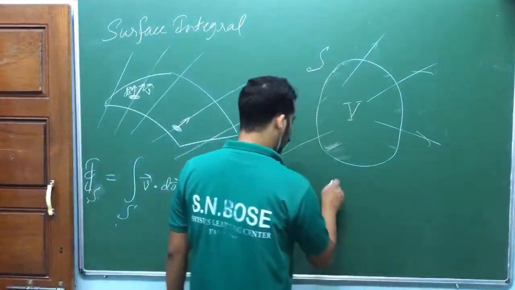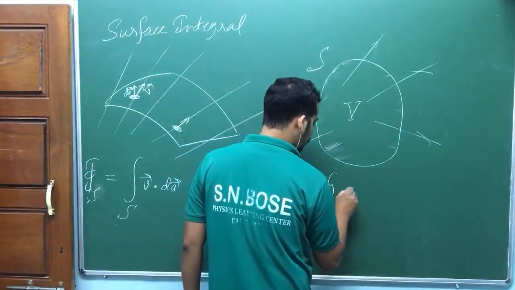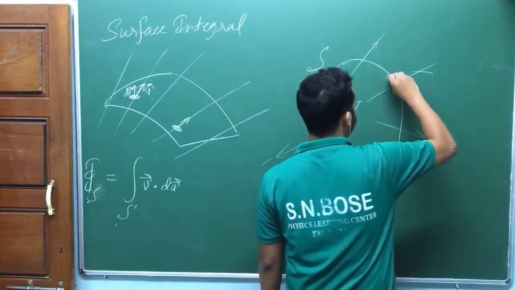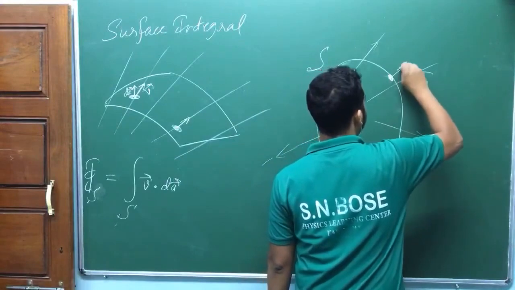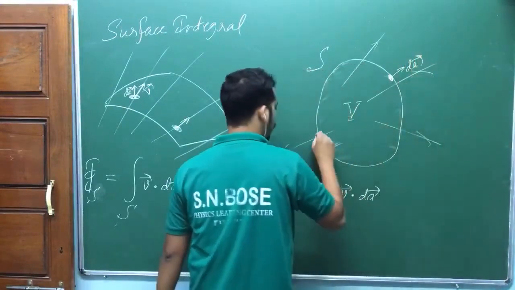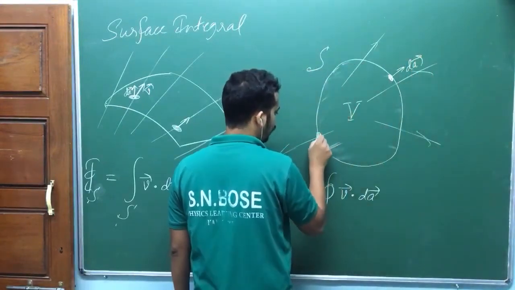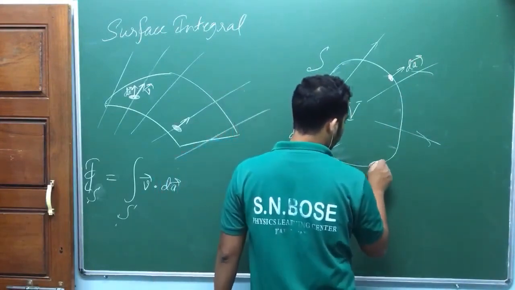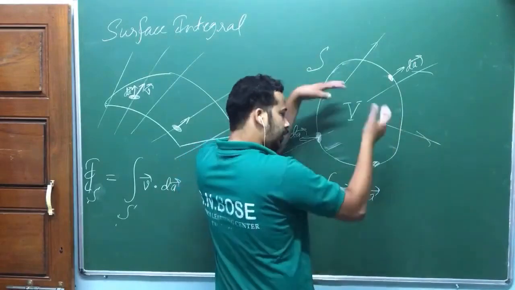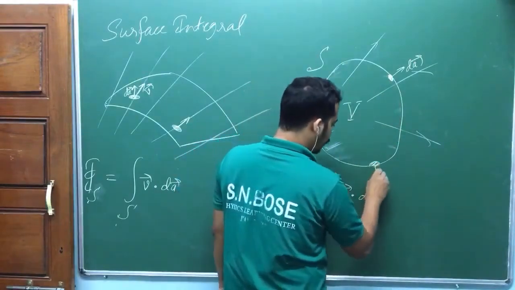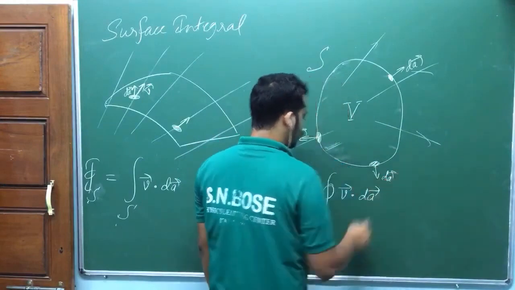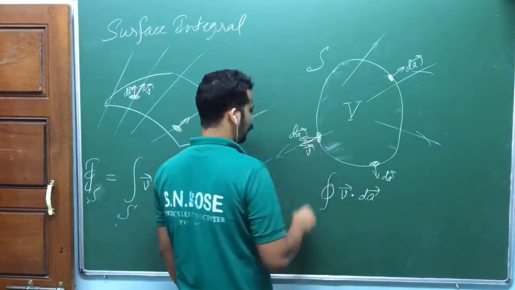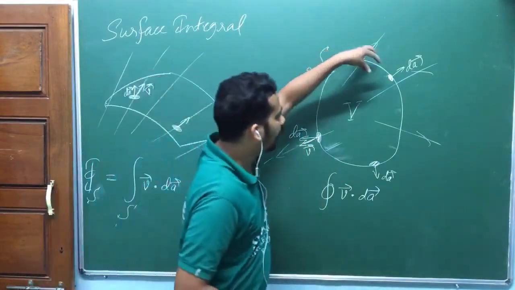And what we do is, again, we are going to define the closed surface integral of a vector field. In that case, we choose the dA vector outward from the region everywhere. We choose the dA vector outward from the region of this volume. This closed surface will constitute a volume, and you can define the dA vector like this, and you can take a dot product of the dA vector with this vector field at each and every point on the surface.